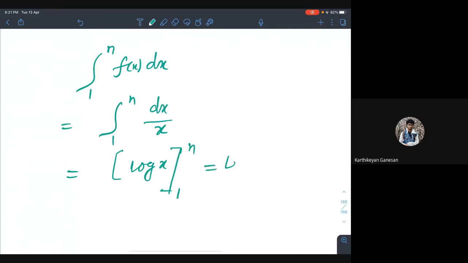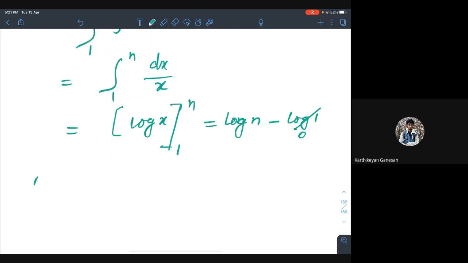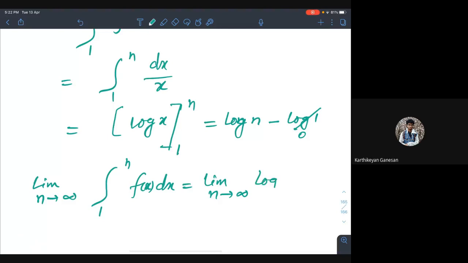So which is log n minus log 1, which is 0. So limit n tends to infinity, integration 1 to n f(x) dx is equal to limit n tends to infinity log n, right? So what is it?